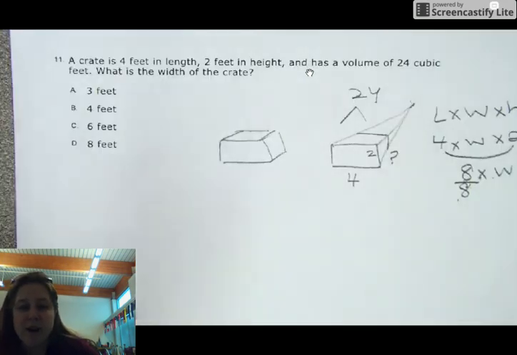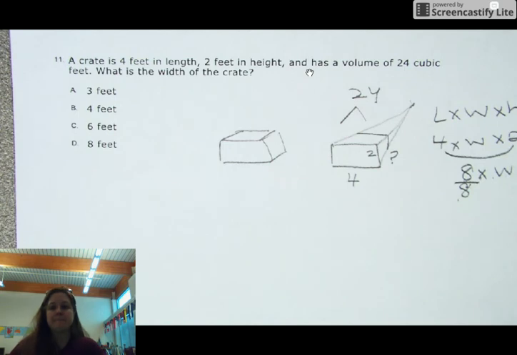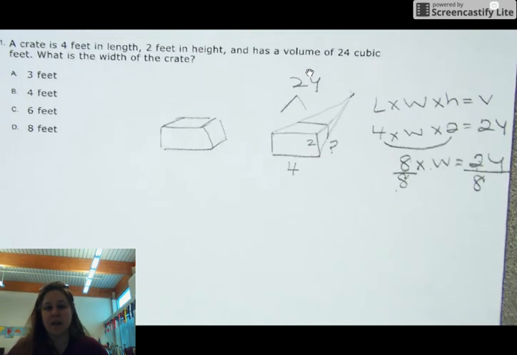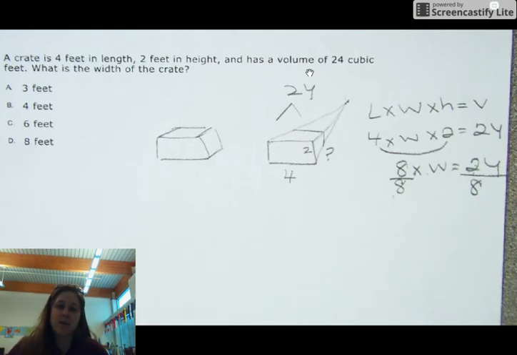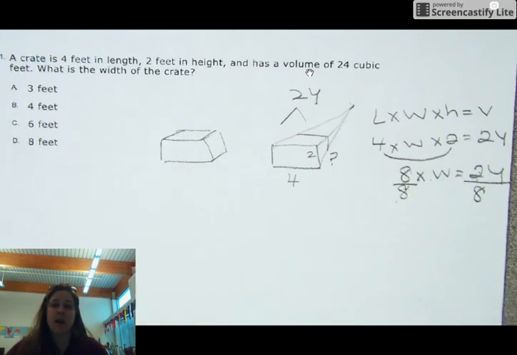And 24 divided by 8 will get you the right answer. And then you can check that answer, because 4 times 2 is 8 times blank, and it equals 24. You should have chosen the correct answer.